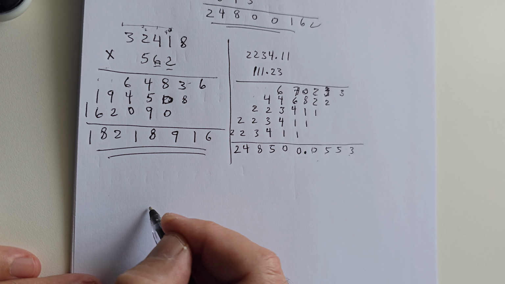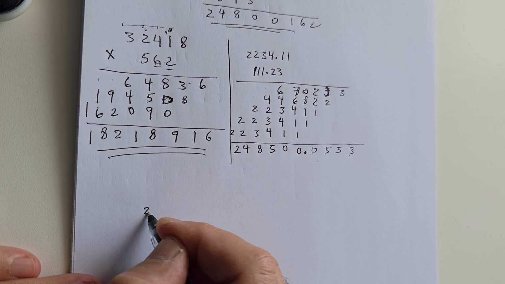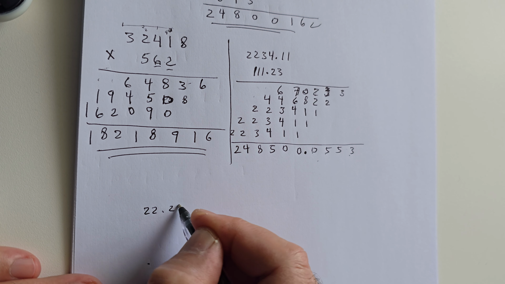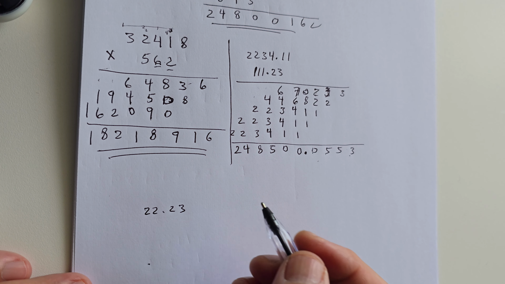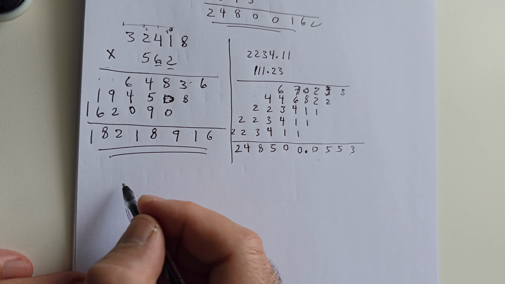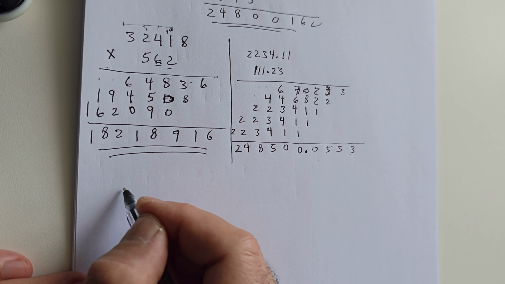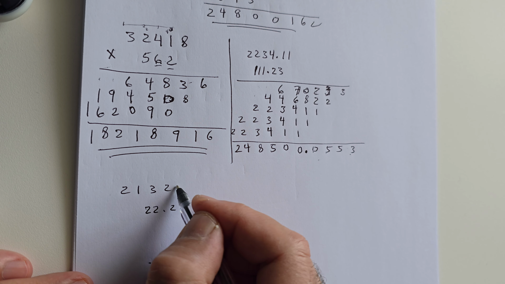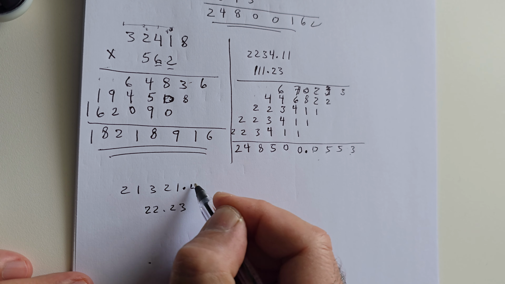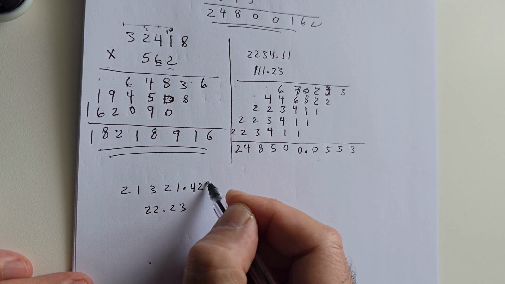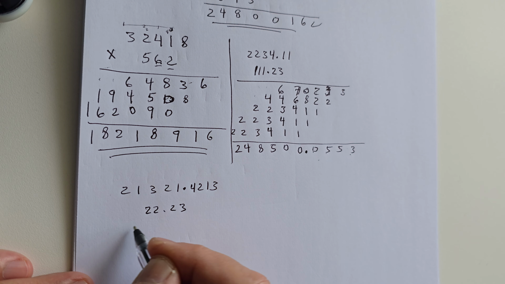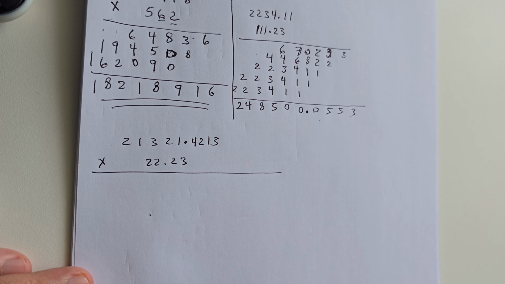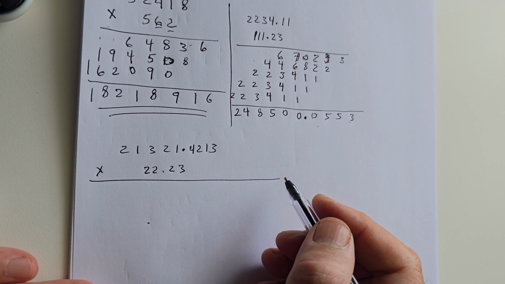So let's see, 22.23 multiplied by 2132 1.4213. Okay, so let's do this.